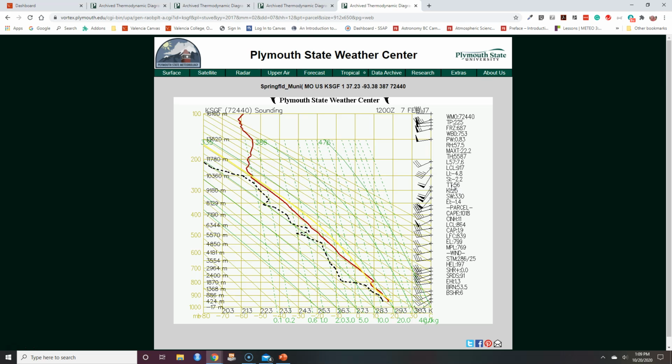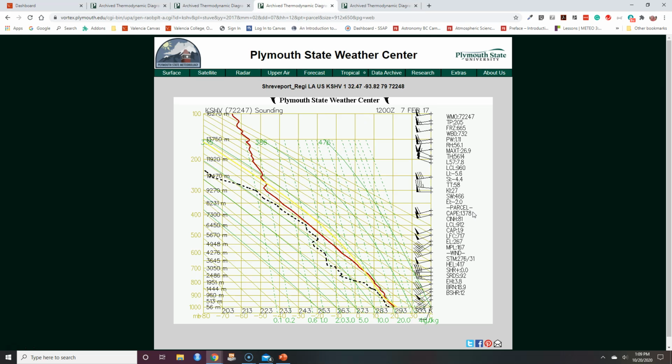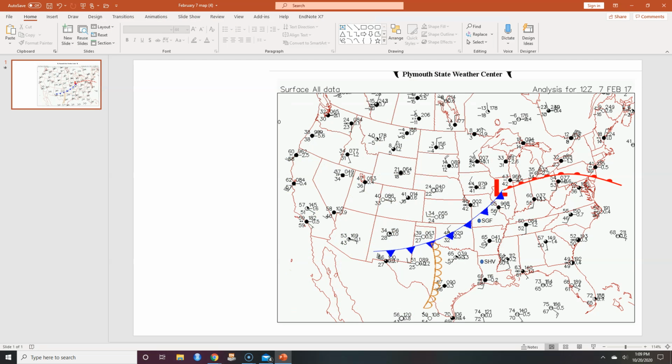Okay, so automatically you can see the answers are right there, that Shreveport is at a greater risk of severe weather. And so that's how you go about using all of these different variables to determine which cities are going to have thunderstorms and which cities are going to be at greatest risk of severe weather.